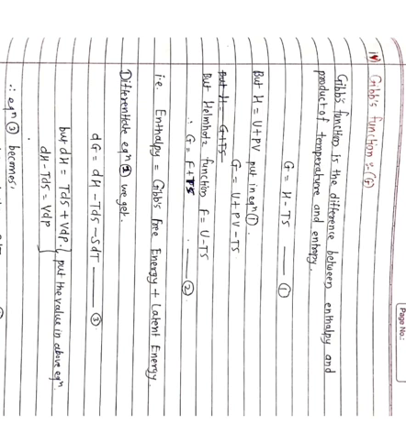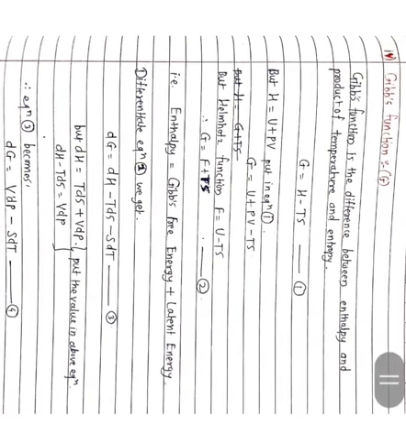The Gibbs function is the difference between enthalpy and the product of temperature and entropy. H is enthalpy, T is temperature and S is entropy. Therefore, mathematically, G is equal to H minus TS. This is equation 1. But H is equal to U plus PV.